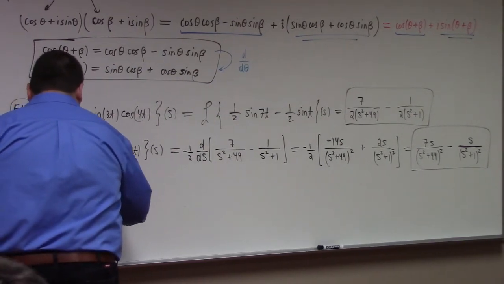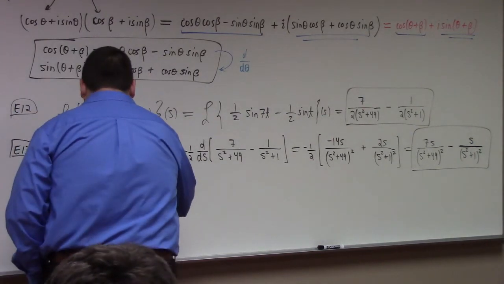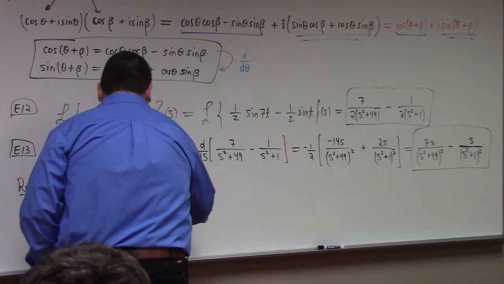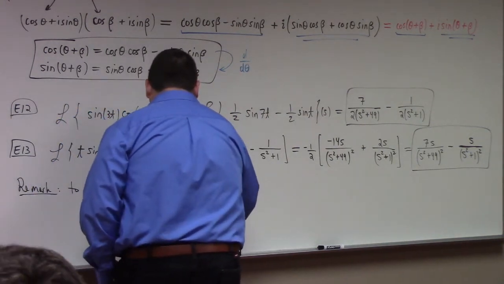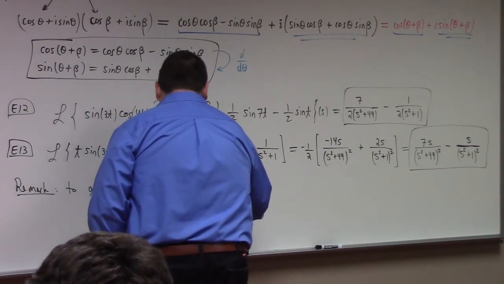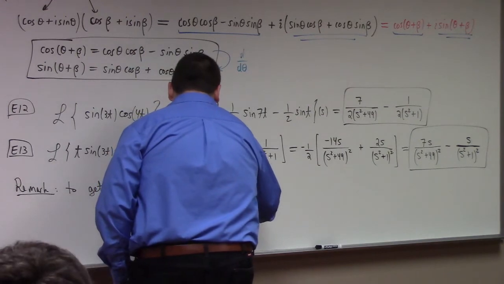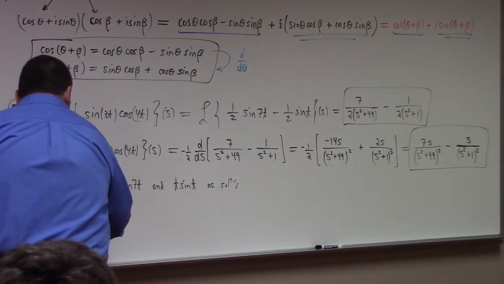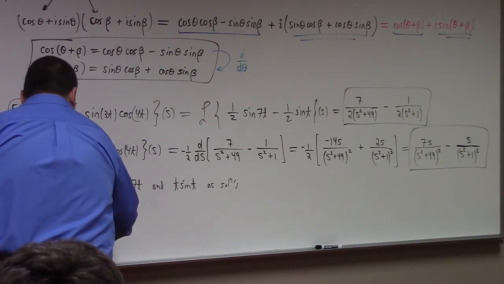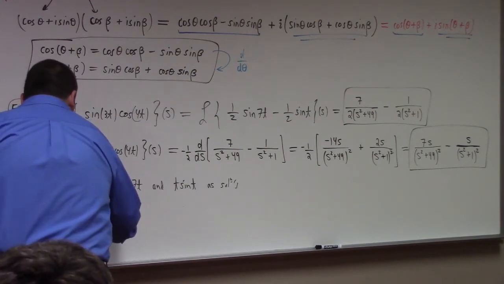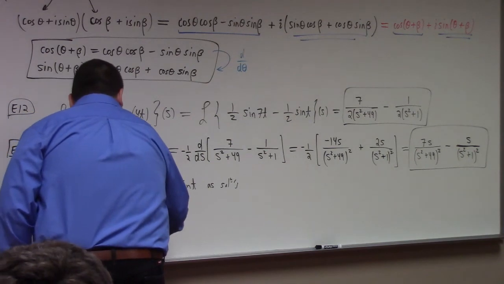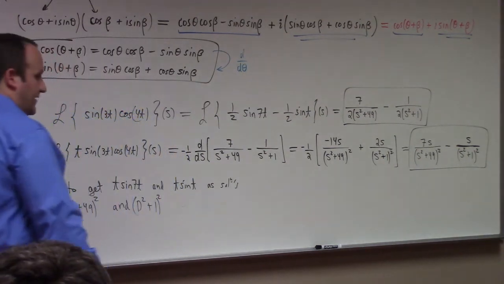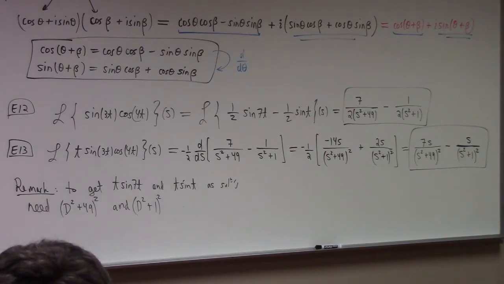To get t times the sine of 7t and t times the sine of t as solutions, we need D squared plus 49 squared and D squared plus 1 squared in the operator factorization if it's a constant coefficient ODE.